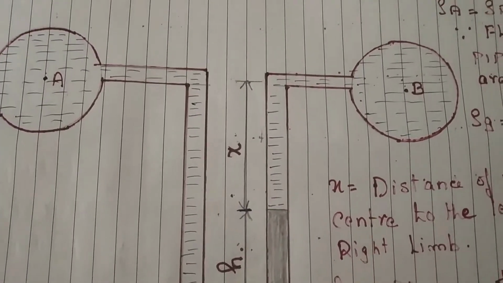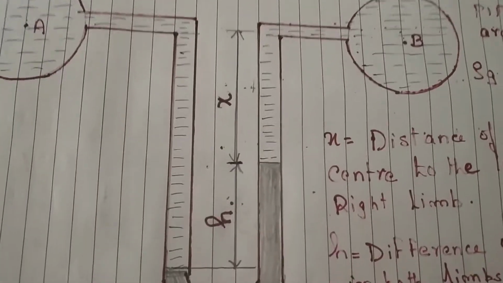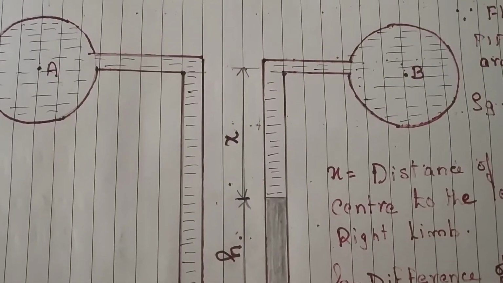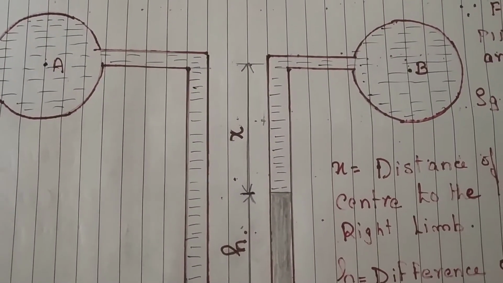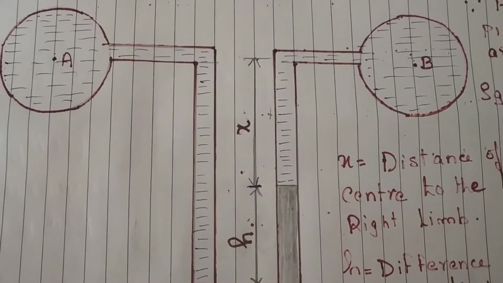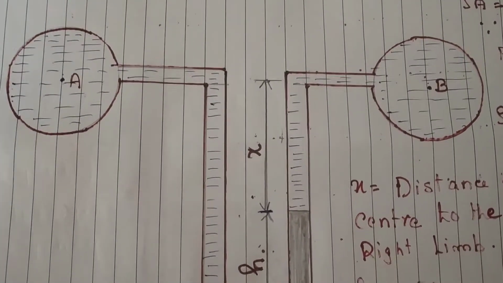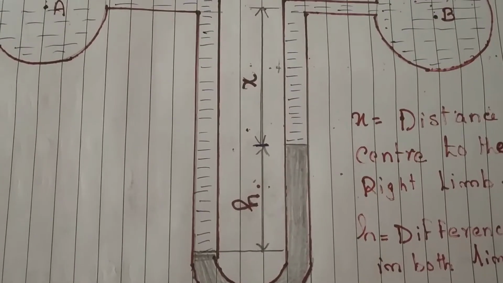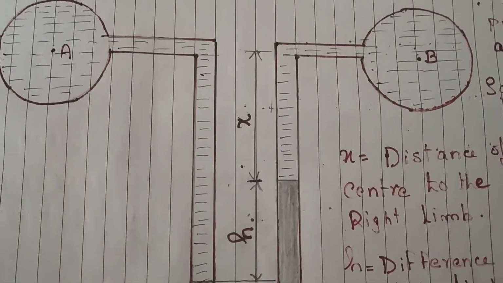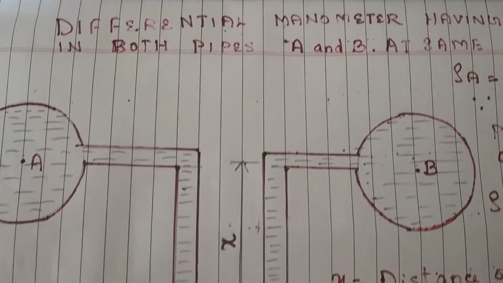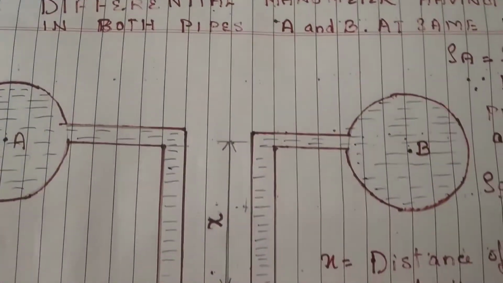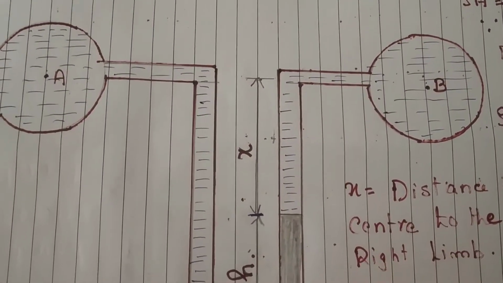Once this manometer is connected to both the pipes A and B, the fluid from pipe A pushes the level of the mercury a little bit down. Similarly, the fluid from pipe B pushes the level of the mercury in the right limb.